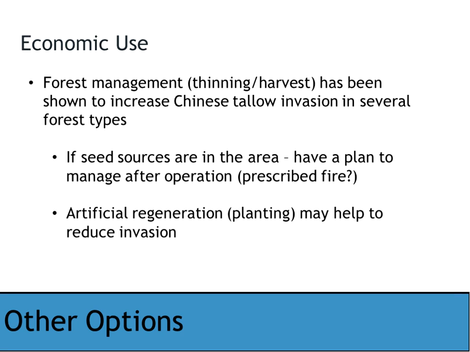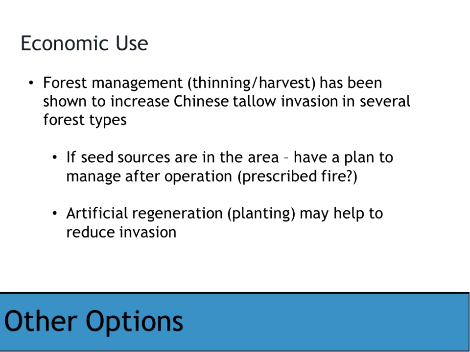And then so what, as foresters, are we to do about having Chinese tallow in our forests? There are many studies out there that show forest management activities such as thinning and harvest can increase Chinese tallow invasion in several forest types, including bottomland hardwoods. And if seed sources are in the area, there has to be a plan to manage after any sort of forest management operation.